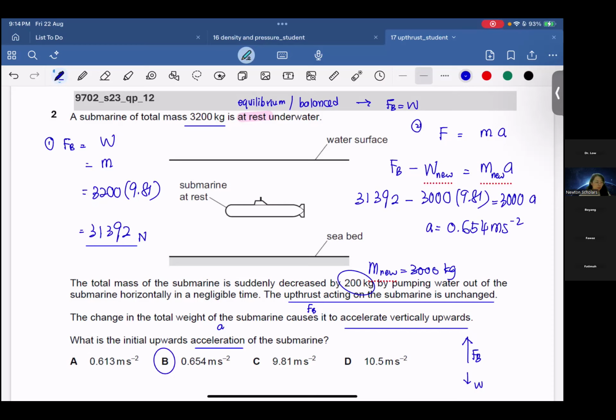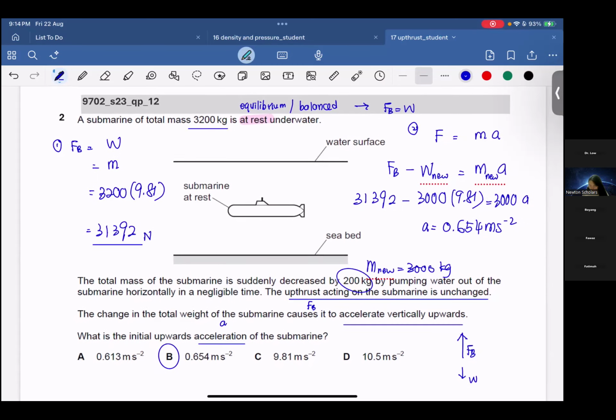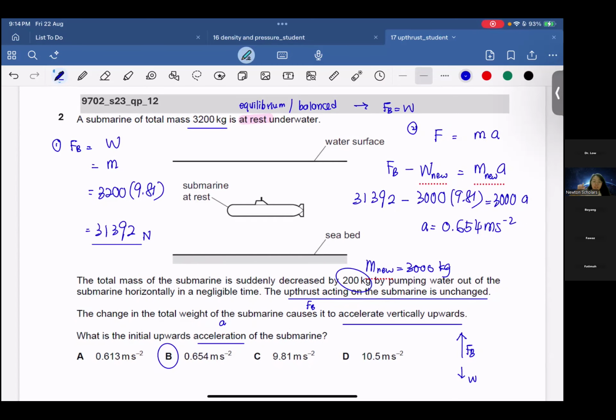Now, Manjo, try to have a look at which part you calculated wrongly. Always find the keywords: at rest, stay horizontally, equilibrium, balance. Then you use the formula buoyant force equals the weight.